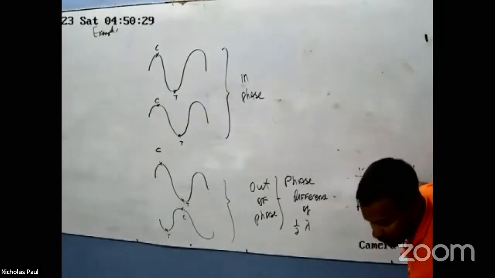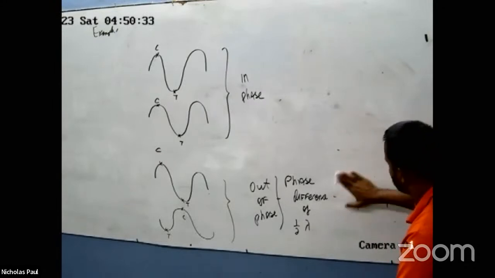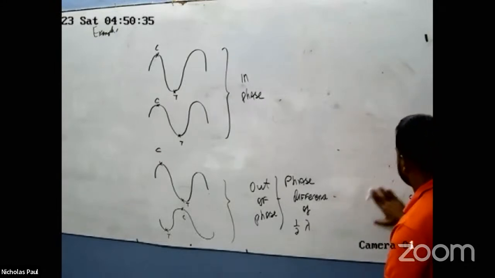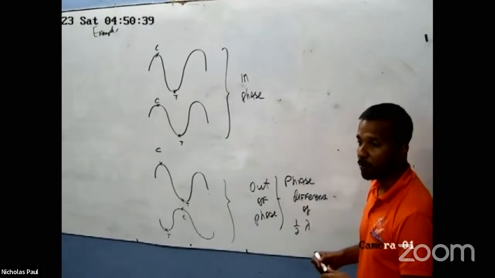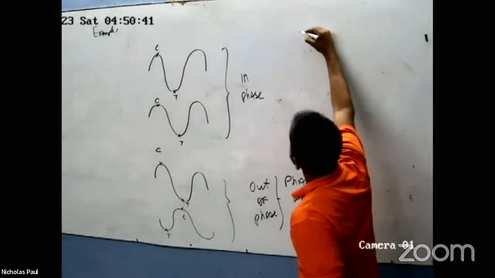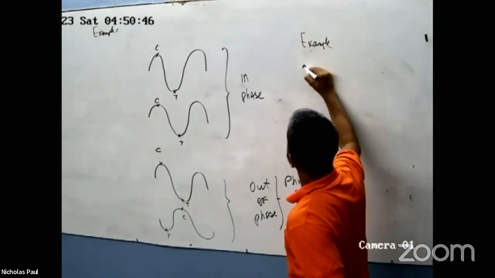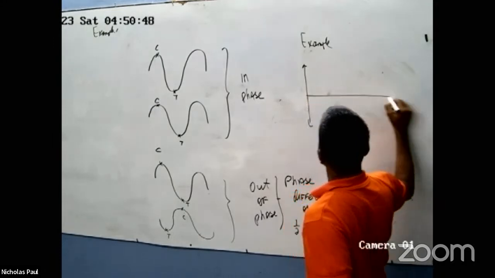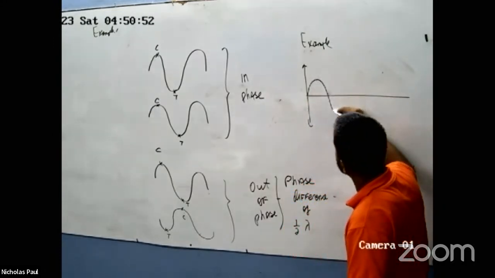Right, I just have one more little challenge for you. We have some time. So you have in phase and out of phase, right? All I really want is for you to draw 2 waves on the same axes. Let me draw the first one.